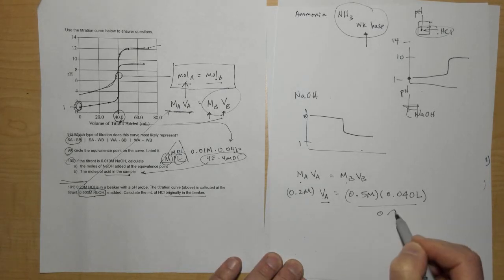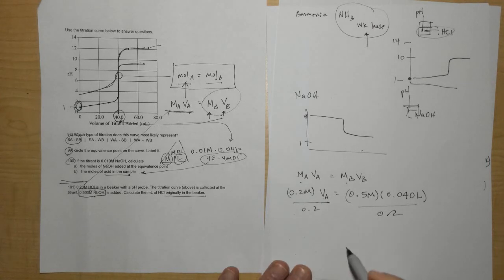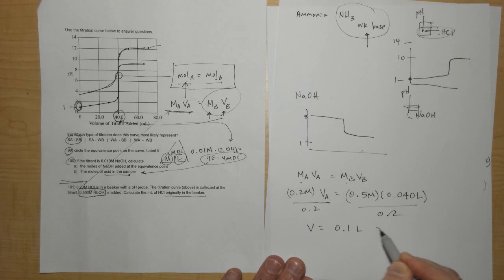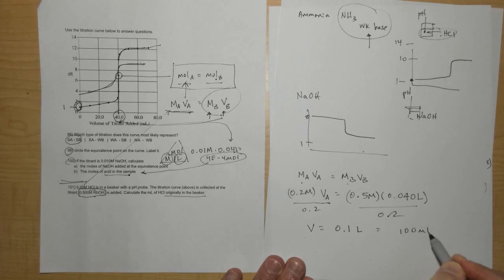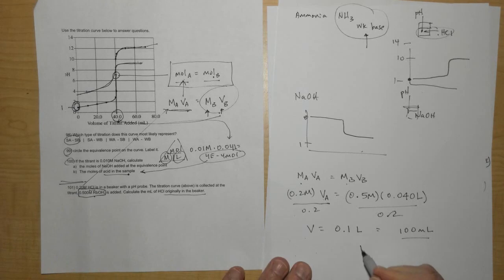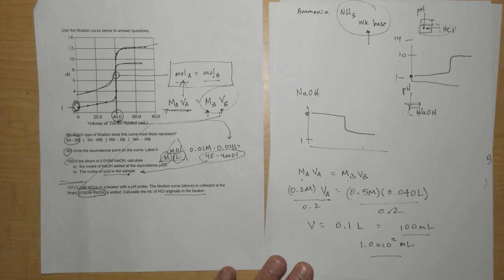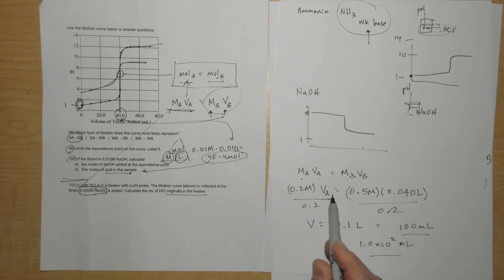Divide both sides by 0.2, and I end up with my volume being 0.1, I believe, liters, which is 100 milliliters. And we would want to go to 2 sig figs, so it would probably be 1.0 times 10 to the second milliliters for the volume of acid originally.